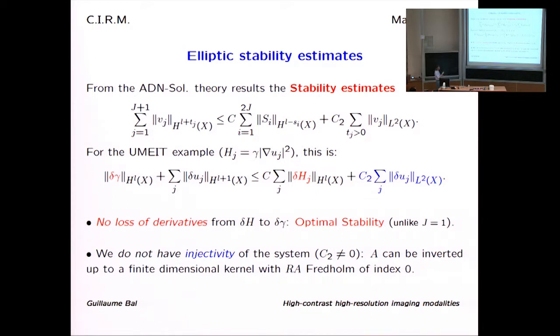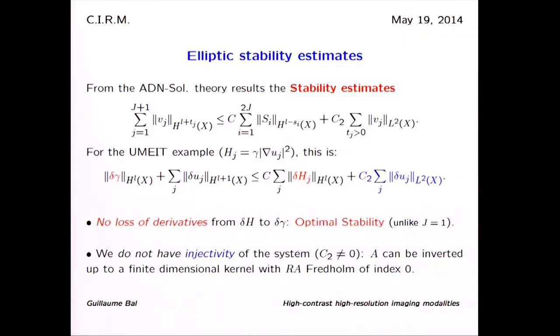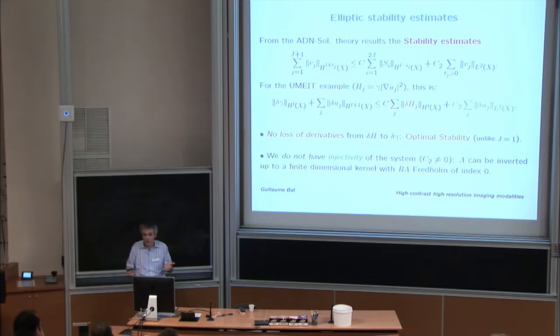And so for the problem of ultrasound modulation, if we look at the stability estimates associated with this Agmon-Douglis-Nirenberg theory, we obtain that the solution, delta gamma, is of the same order as delta H. We no longer need to differentiate. This loss of one derivative that we had observed for the hyperbolic problem is now gone. We have a bona fide elliptic estimate, which for that specific problem tells us that we can reconstruct delta gamma with no loss of derivatives.